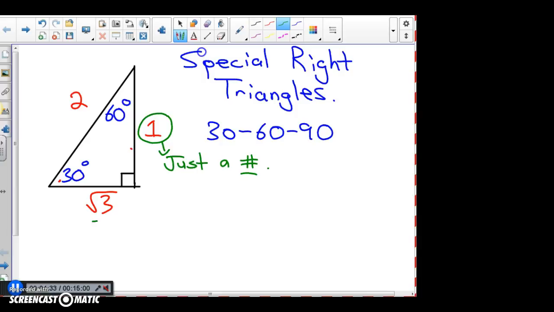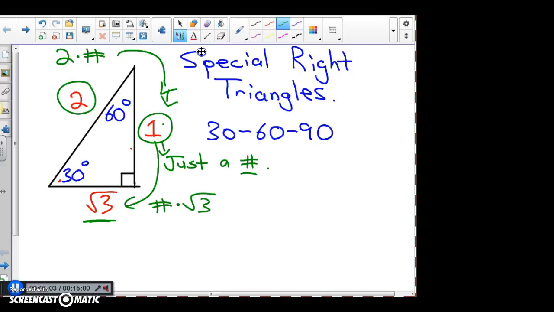To get this side, I've got to take this number and multiply it by square root 3. Whatever it is, again, it may be an 8, it may be a 9, it may be square root 63. Who cares? They're all numbers. The next one, hypotenuse. This 2 doesn't mean much to you, but whenever I tell you to get the hypotenuse, you need to take that 2 and multiply it by this number.